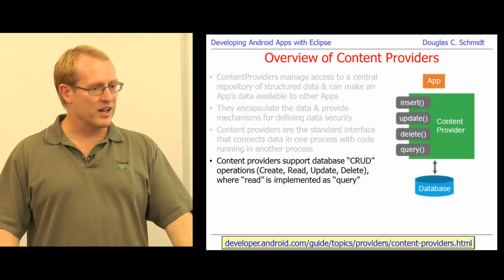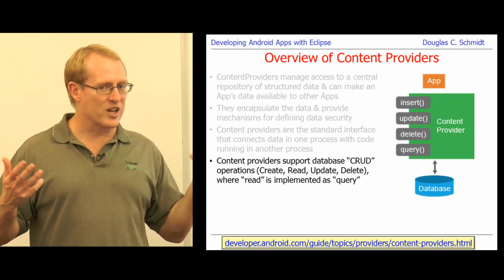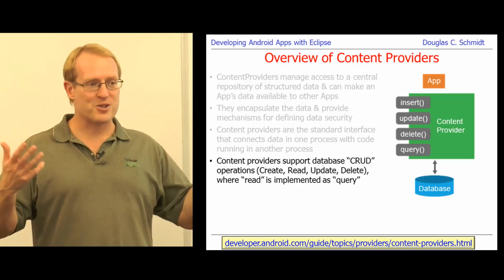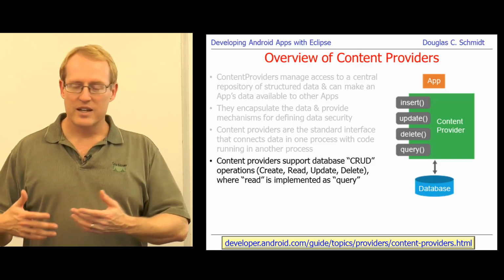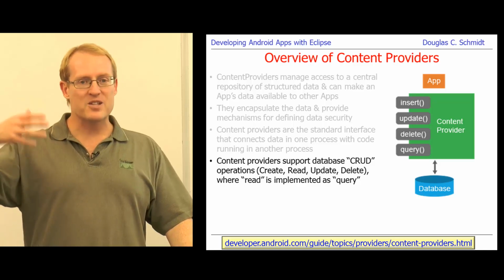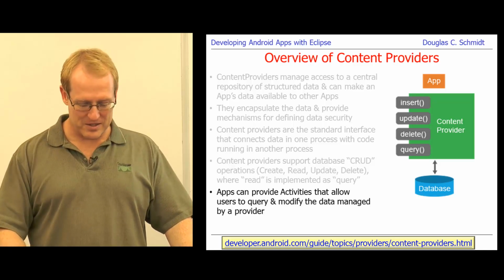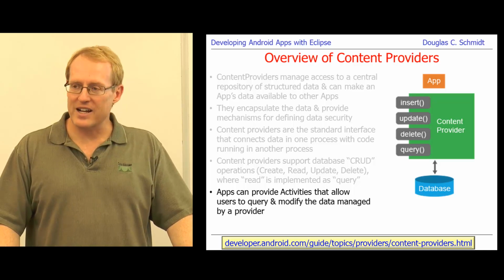They support the CRUD, create, read, update, and delete operations, which are essentially just proxies or pass-throughs for things that go down and access the real database operations. A content provider doesn't really store data. It provides a means to access stored data, if that makes any sense. And typically applications go ahead and access the content providers.